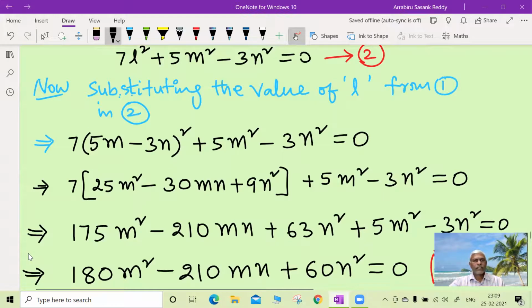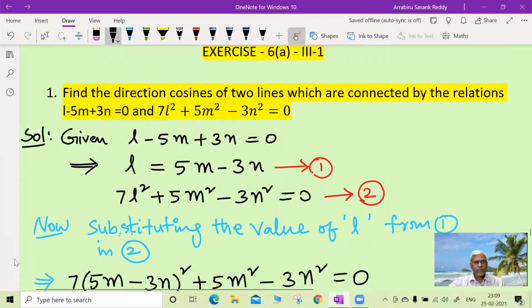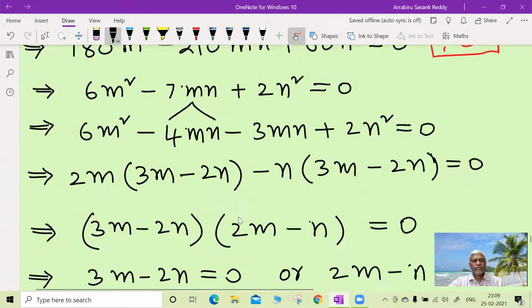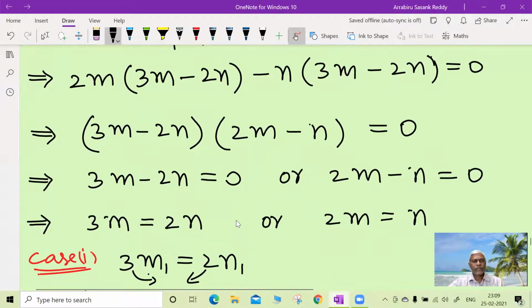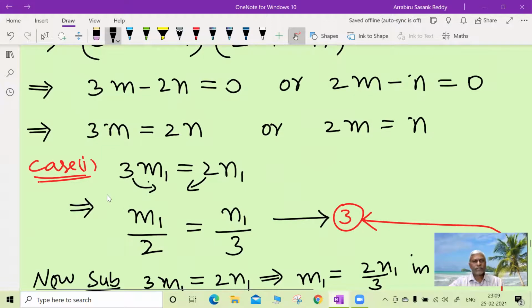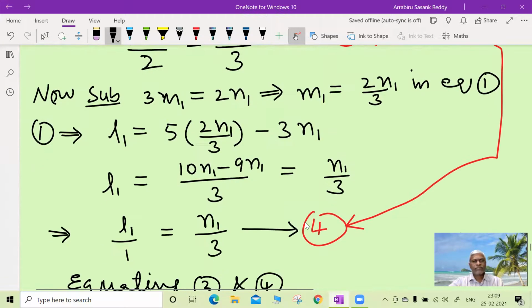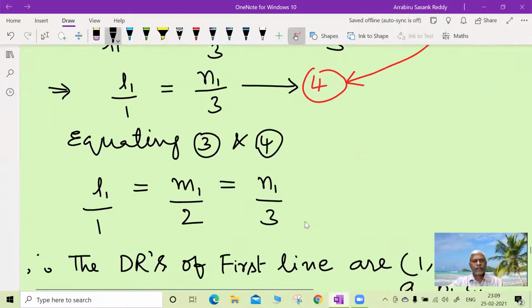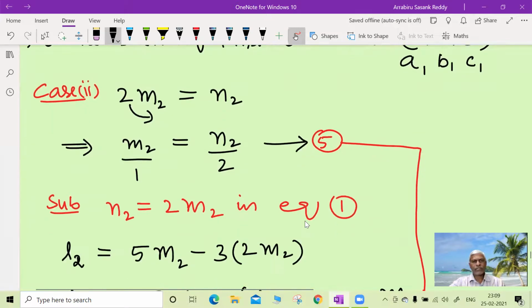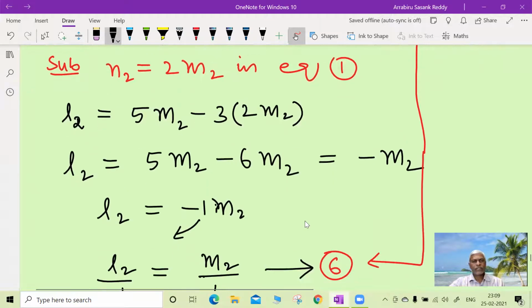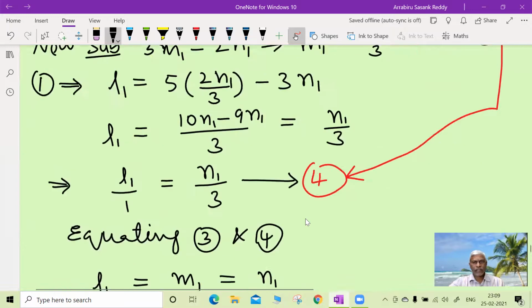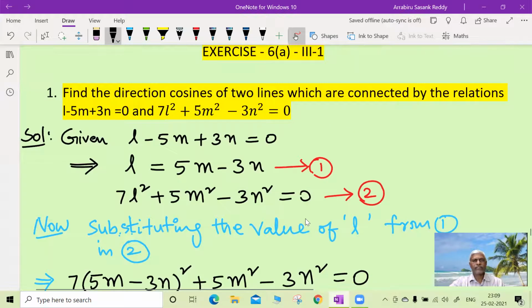Taking the given condition and substituting 1 in second and factorizing, getting the relations between them, we can write the direction ratios. From direction ratios, we can find direction cosines.